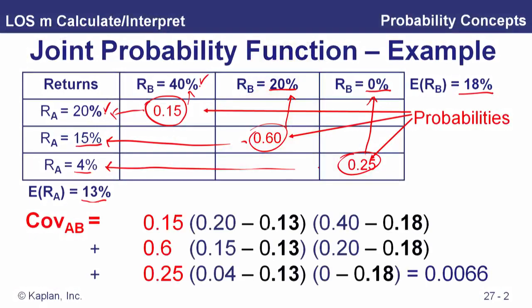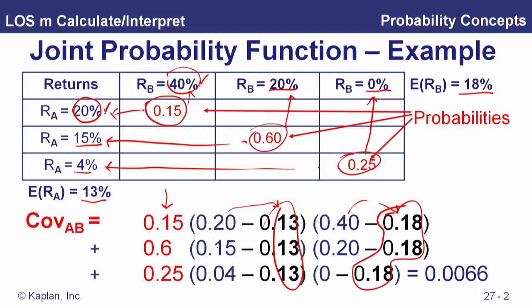So now that we have those, we've got to do our deviations. So again, here's our expected return on A, here's our expected return on B. Okay? So we've taken for this first outcome, 20 and 40, 20 minus 13, 40 minus 18, multiply them together and multiply them times that 15% probability. And we do that for the other pairs.